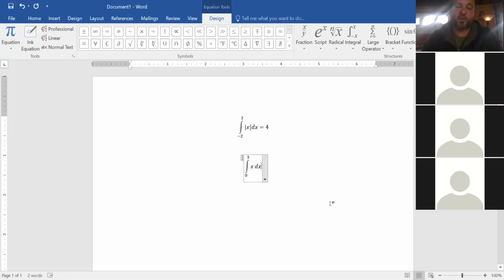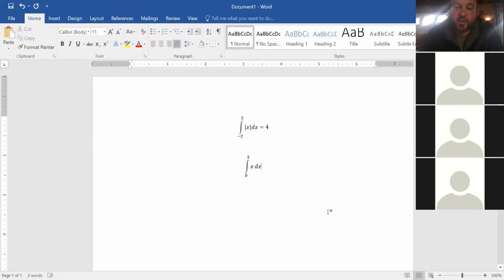All right, so this one is saying calculate the signed area underneath the graph of x on the interval 0 to 3. So what's the signed area in that space?